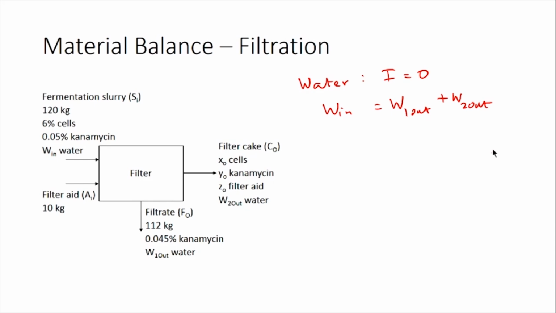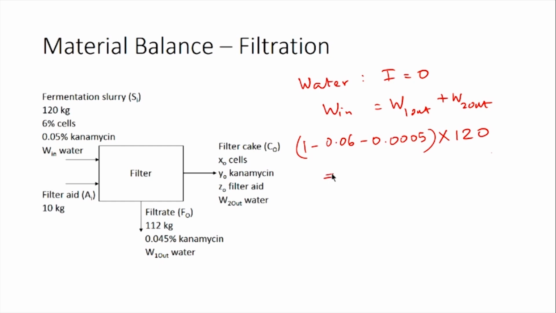It has been given that the concentration of kanamycin in the fermentation slurry is 0.05% and the concentration of cells in the slurry is 6%. So, the rest has to be water. Knowing that, we can calculate the mass fraction of water as 1 minus 0.06 minus 0.0005 times 120. So, this is the mass of water entering the system.